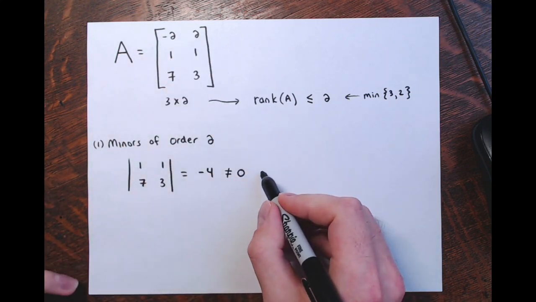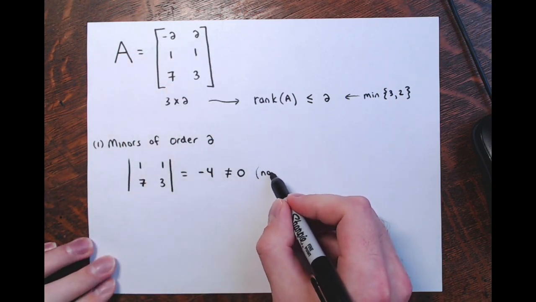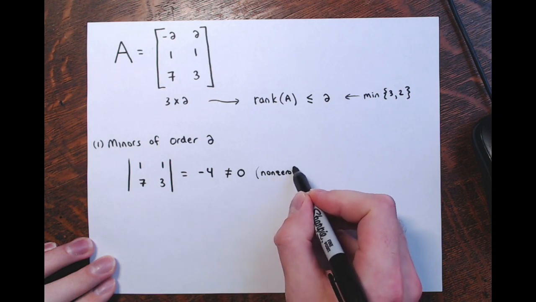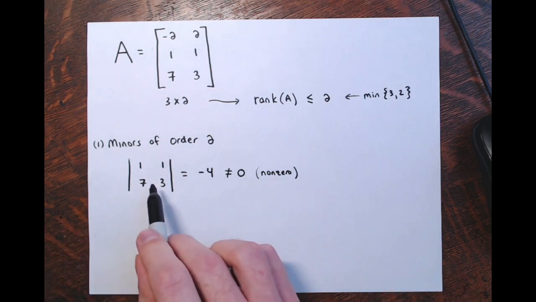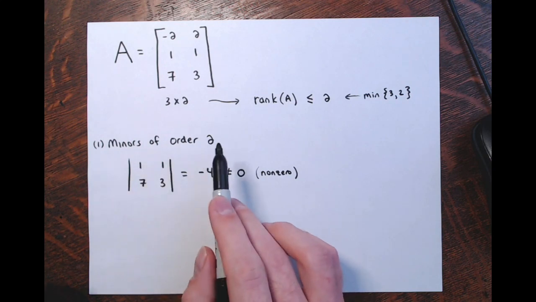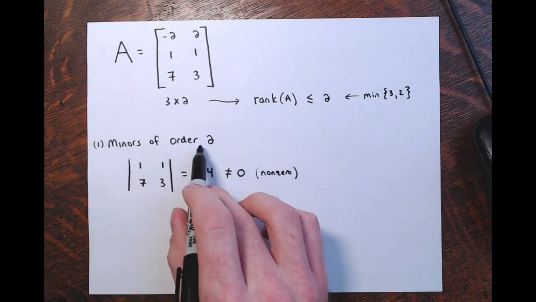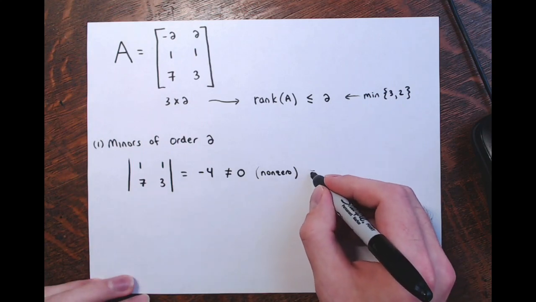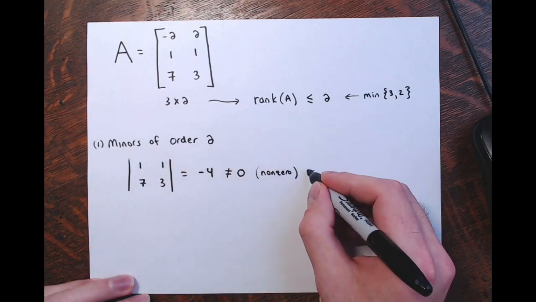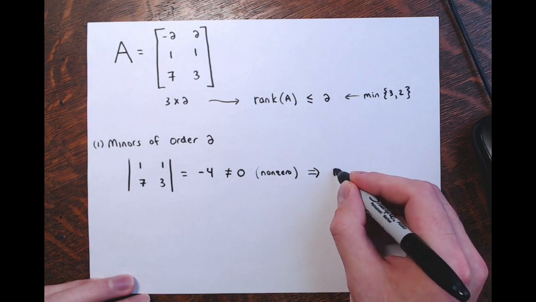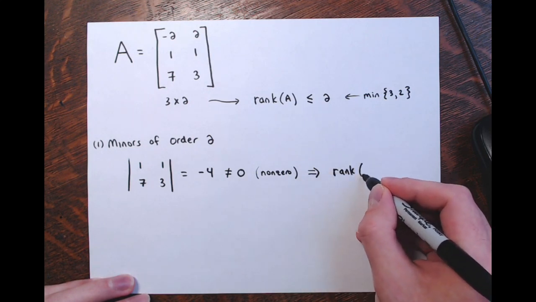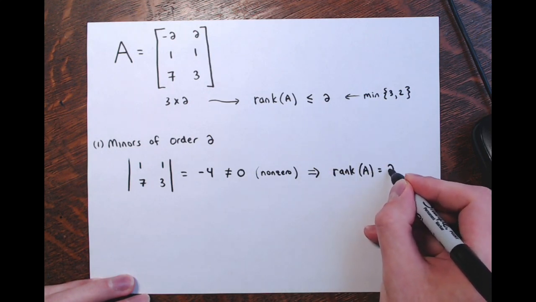The rank must be 2. This is a non-zero determinant for a minor of order 2, and if we're finding a non-zero determinant for a minor of the largest possible order, that means that the rank of the matrix is 2.